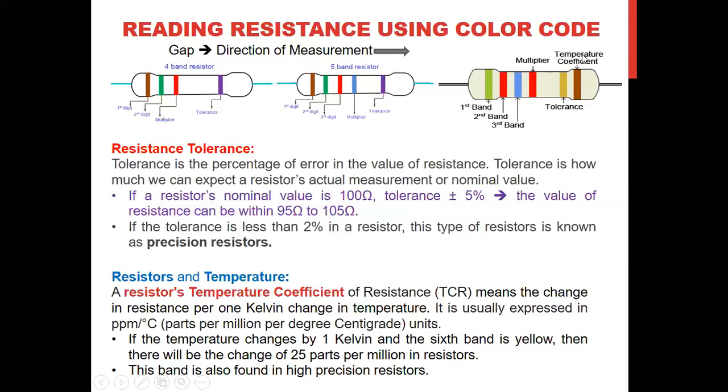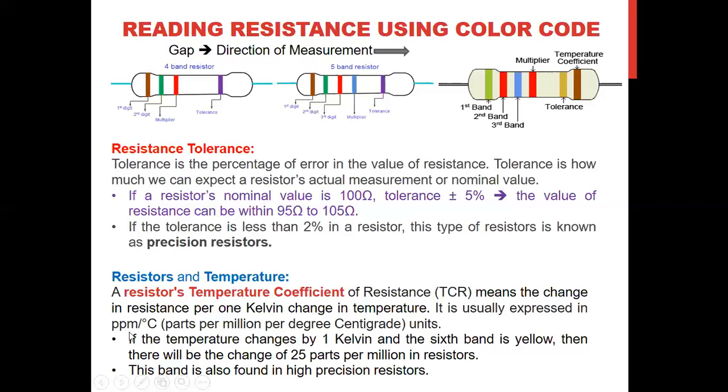The temperature coefficient of resistance, known as TCR, is the change in resistance value per 1 Kelvin change in temperature. The unit is ppm, parts per million, meaning the change of resistance value divided by 1 million per degree centigrade. So ppm per degree centigrade.